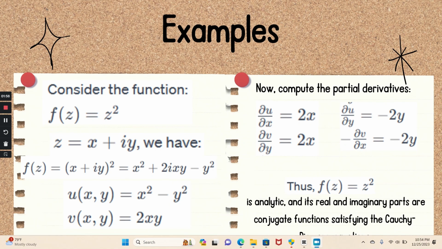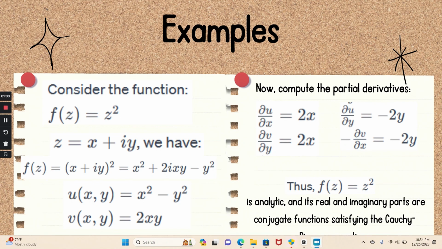Now, let's have an example. Consider the function f of z is equal to z squared. This function is analytic everywhere in the complex plane. Let's find its real and imaginary parts.